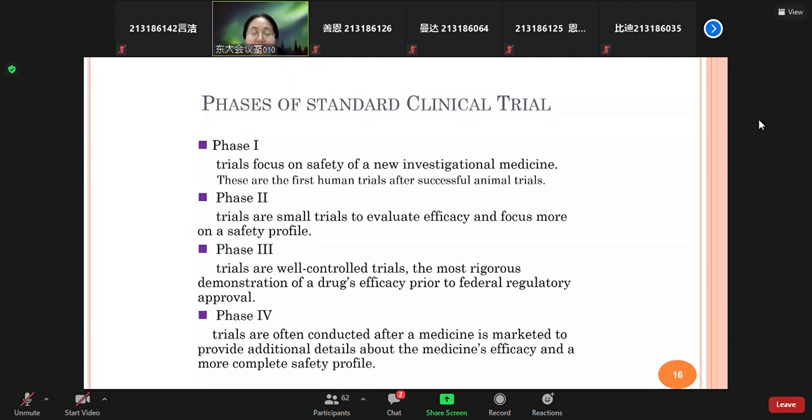In a phase 1 clinical trial, they will set different dosage groups from low to high, and for each group, just several volunteers.